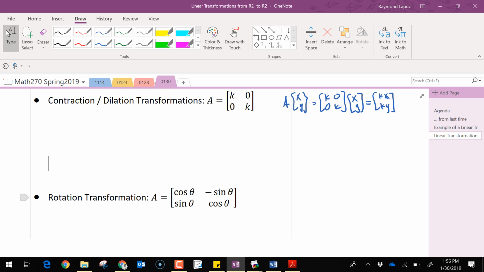And one more question. How do you know this is a linear transformation? If theta was fixed, then this is a linear transformation. Why? If theta is a constant, but why is it a linear transformation?